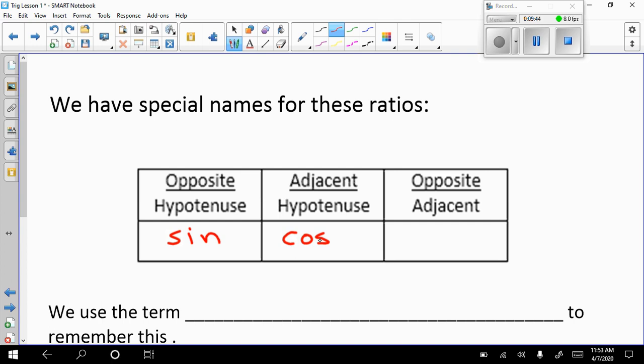And if you have the opposite over the adjacent, you have the name tan. And just so you know, those are the short forms. I know this isn't much of a short form, but it's actually sine, cosine, and tangent. So those are the names of those ratios.